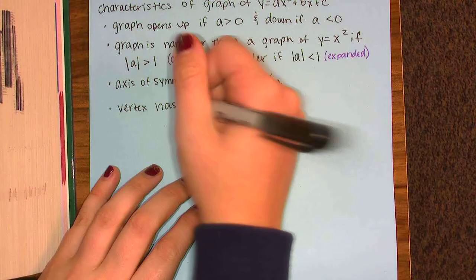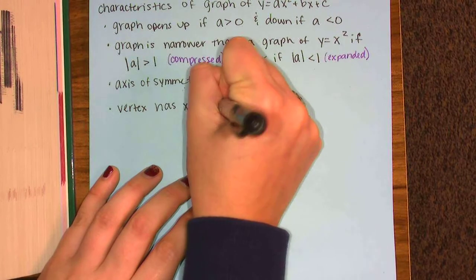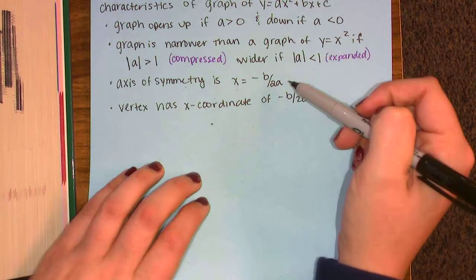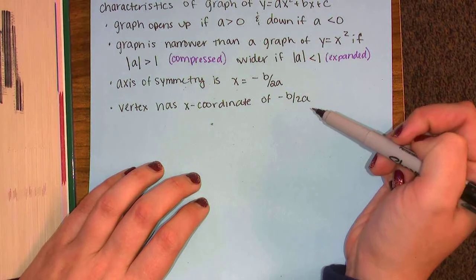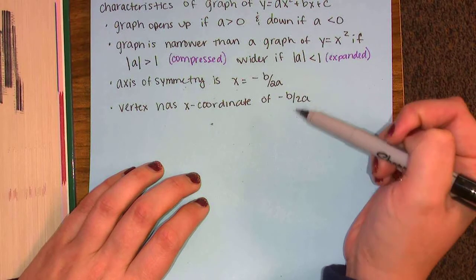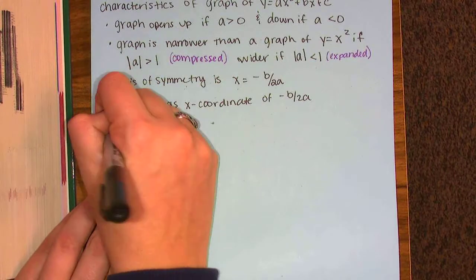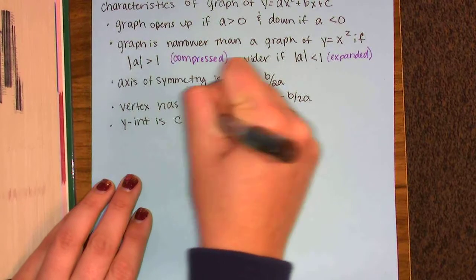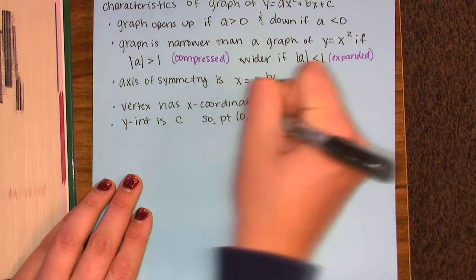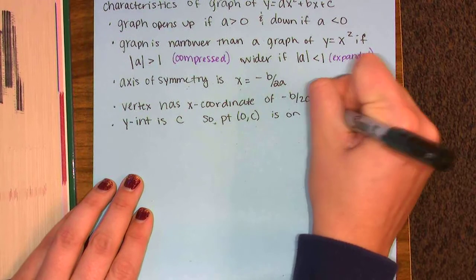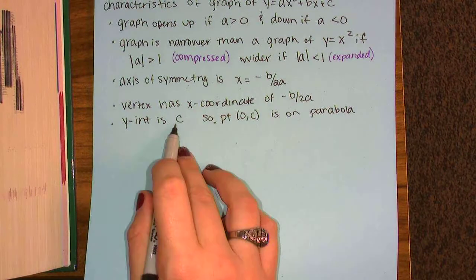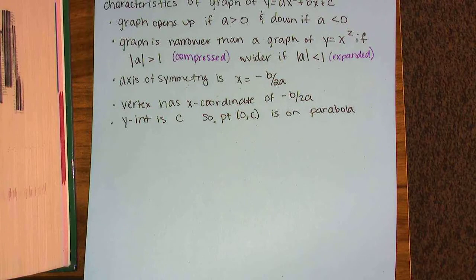The vertex has an x-coordinate of -b/2a, so that's what I mentioned before. Our axis of symmetry, wherever that is, is going to be the x-coordinate of our vertex, and vice versa. And then the last point, the y-intercept is c, so the point (0, c) is on the parabola. That means when x is equal to 0, y is equal to whatever our c value is out of our equation.